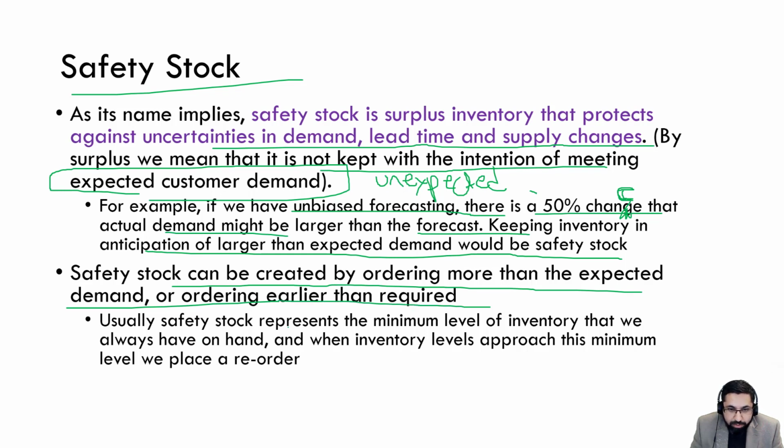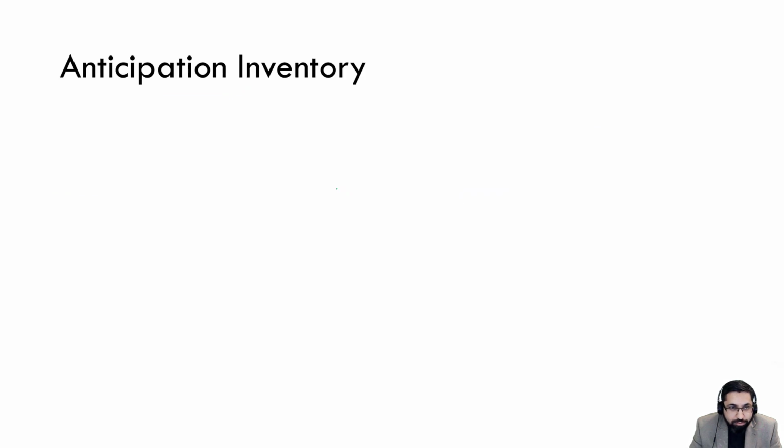Usually safety stock represents the minimum level of inventory that we always have on hand. When inventory levels approach the minimum level, we place a reorder because we don't want the safety stock to go down to 0. We always want some safety stock present. And so when our inventory falls low and we have just safety stock remaining, we usually order more. And we'll talk about when to order more and how much to order.